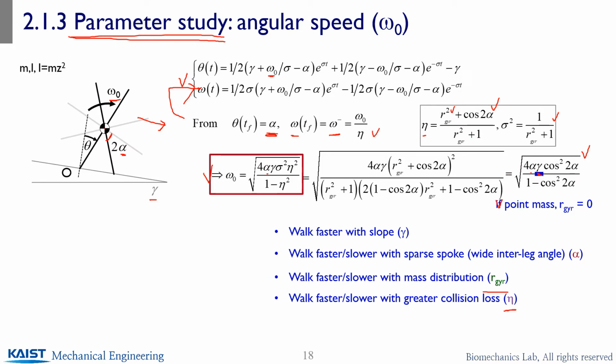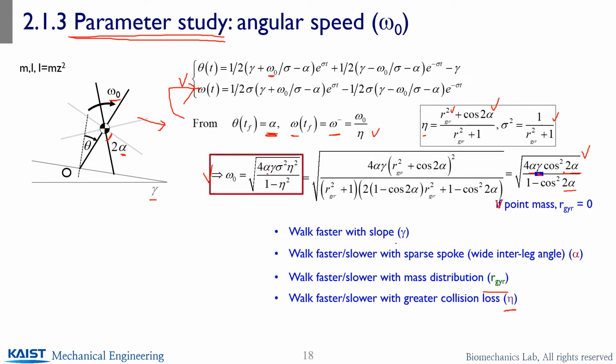And how about the alpha? Alpha is also proportional to the speed as an order of square root. But I also have an alpha term in another denominator multiplication factor and also in the numerator and the denominator.